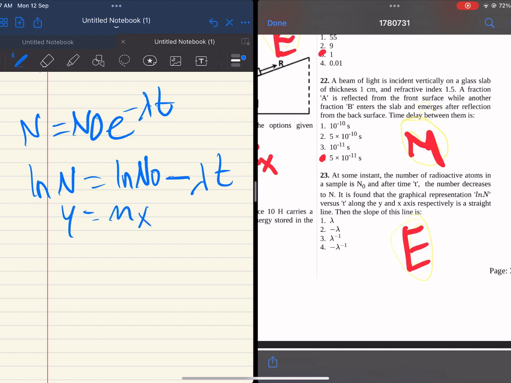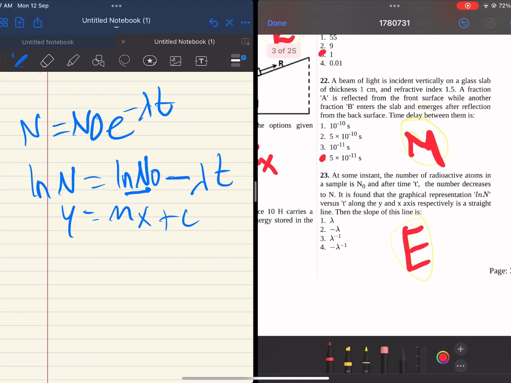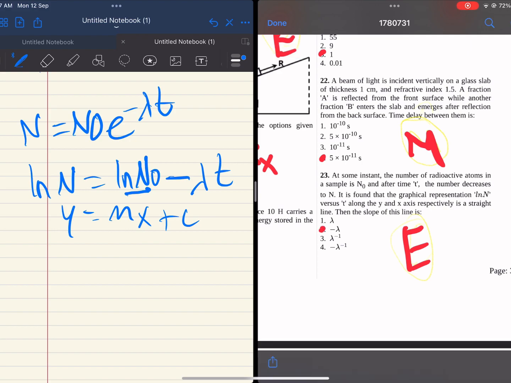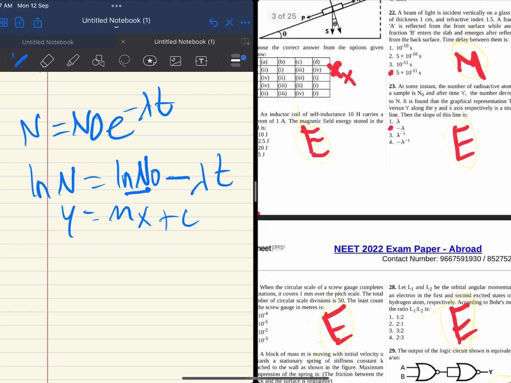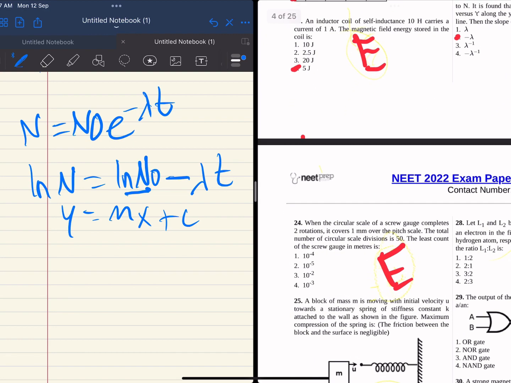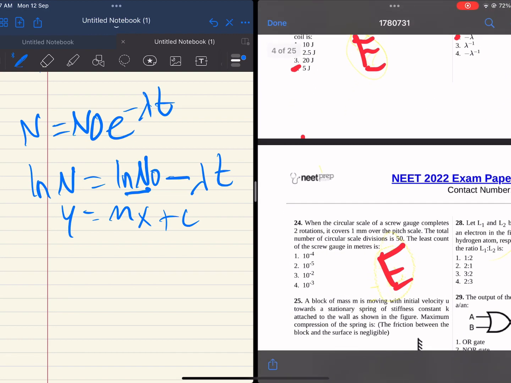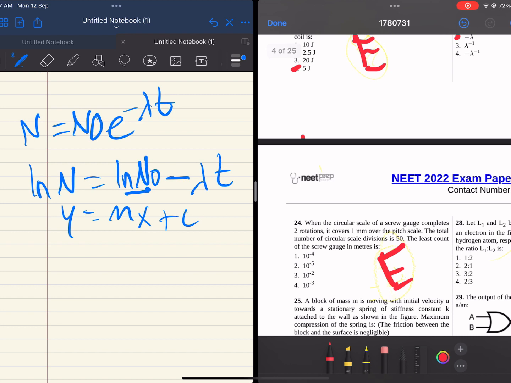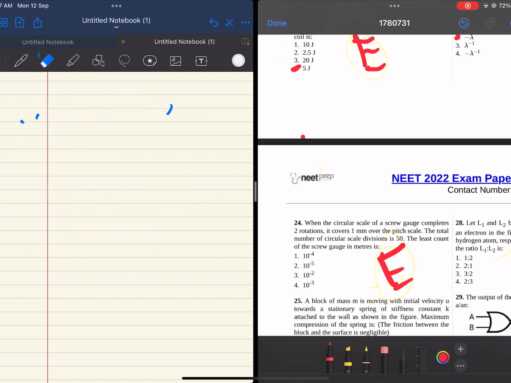Now taking ln on both sides, I get ln n is equal to ln n naught minus lambda t, using the property of logarithms. Here we are plotting a graph of ln n versus t. This is like y is equal to mx plus c, where the y-intercept is ln n naught. The slope here is minus lambda. So the 23rd answer is option 2.